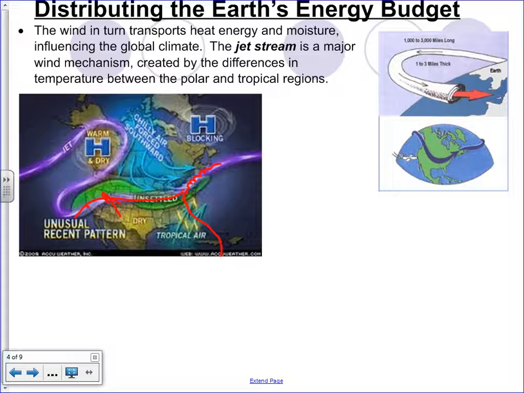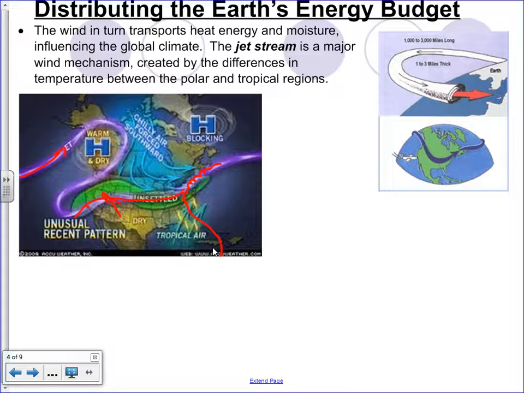Right now, the jet stream in this picture is moving in off the ocean, up here towards the bottom of Alaska and northern BC and that kind of area. Is this going to have warm or cold air? Warm. It's coming off the Pacific. It's probably also going to have a lot of moisture. So as that gets in towards this warm and dry area, you might get some storm activity.